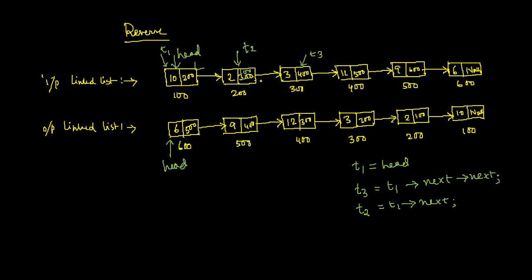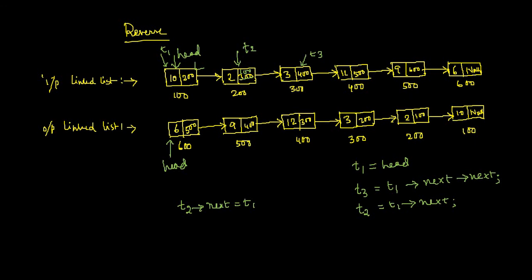And ultimately my structure between at least first two will be something like this. So as soon as we will write, say, T2 next will be equal to T1, it will be something like this fashion.